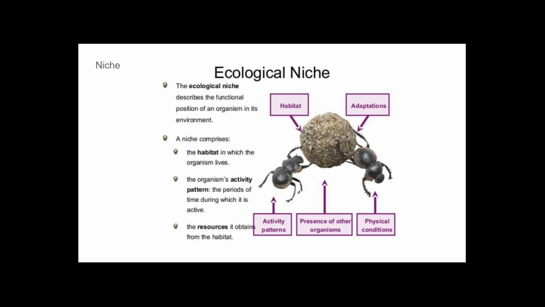So a niche comprises its habitat, the organism's activity, and the resources it obtains from the habitat, and also the resources that it contributes to the habitat as well. All of that forms its niche.